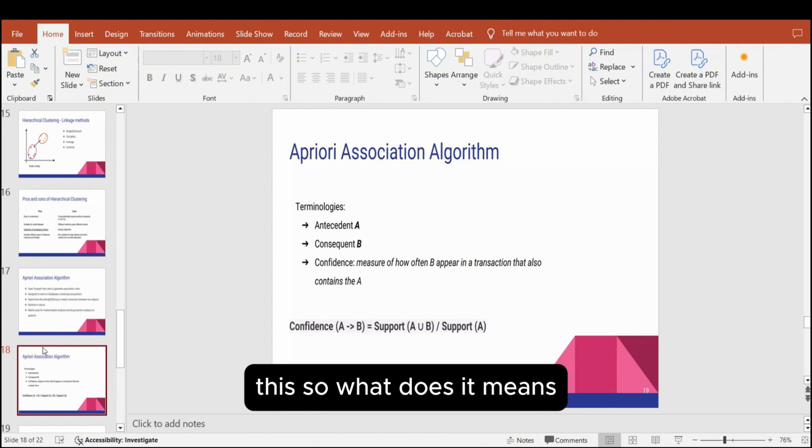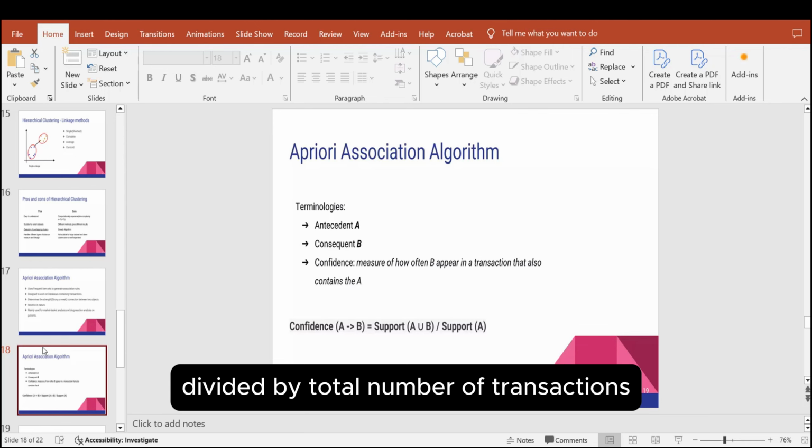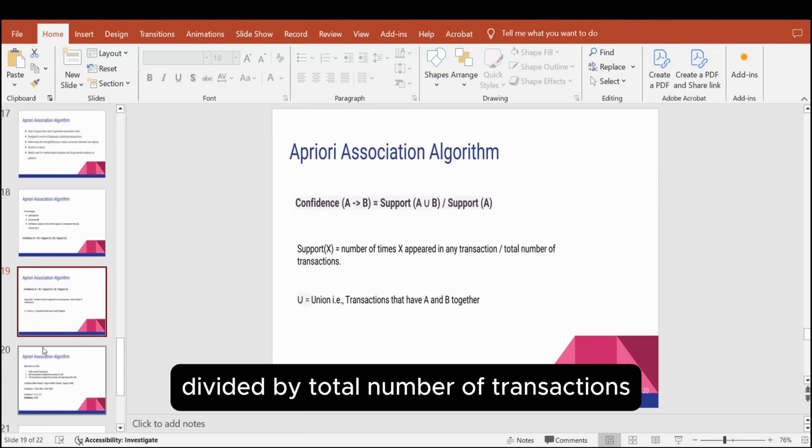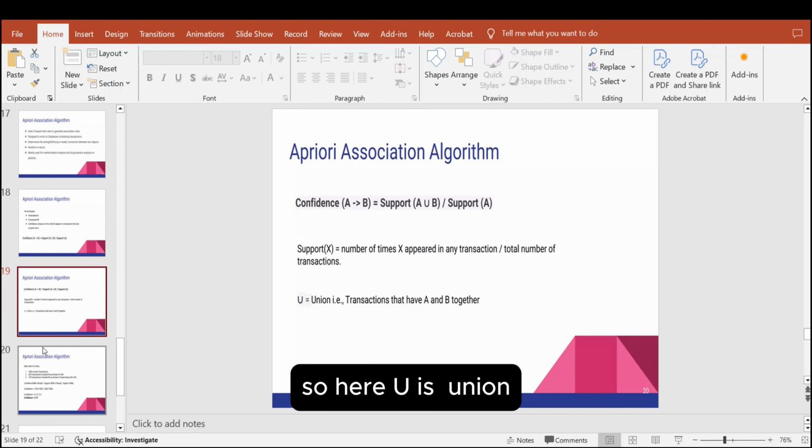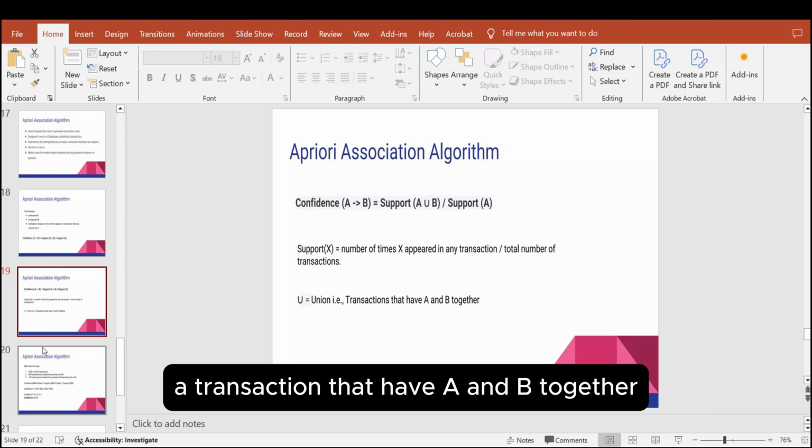So what does it mean? Support of X equals the number of times X appeared in any transaction divided by the total number of transactions. Here we use the union, for example, transactions that have A and B together.